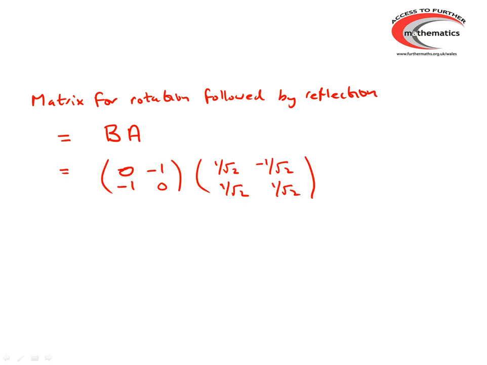Got to be careful on the order of this. If we perform the matrix multiplication, we get first column of minus 1 over root 2, minus 1 over root 2, second column minus 1 over root 2, 1 over root 2, which is precisely what we were being asked to prove.